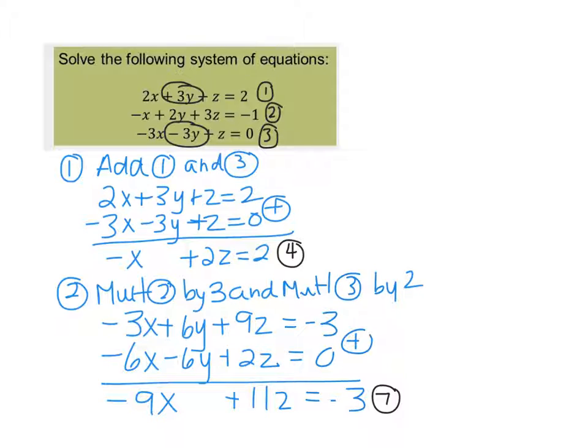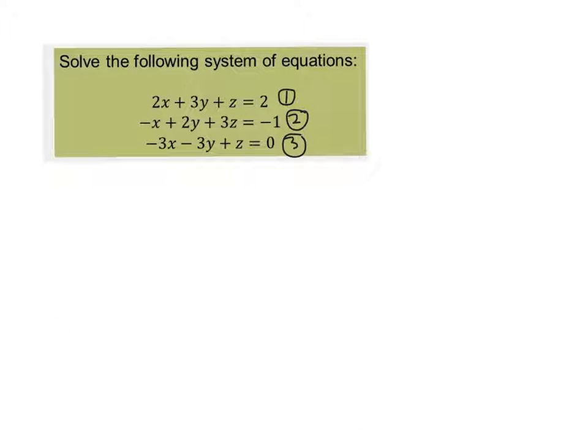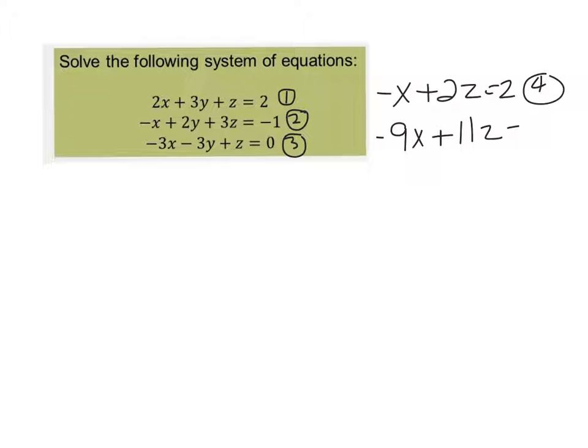Okay, now I'm going to take those equations 4 and 7. So let's put these over here so we can see them. Equation number 4 was negative x plus 2z is equal to 2. And equation number 7 was negative 9x plus 11z is equal to negative 3.